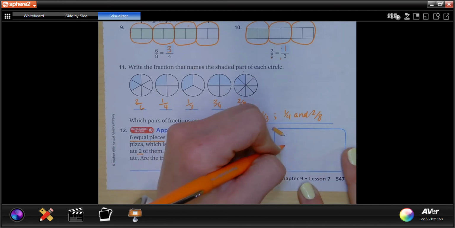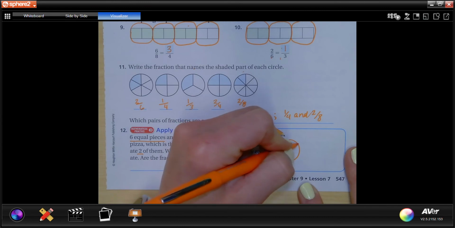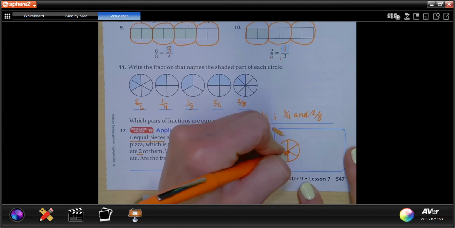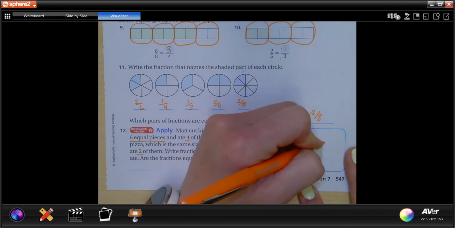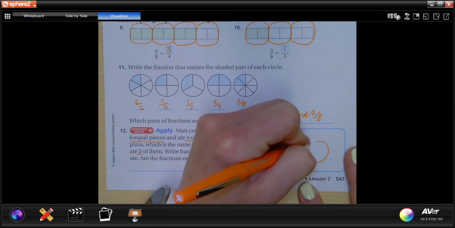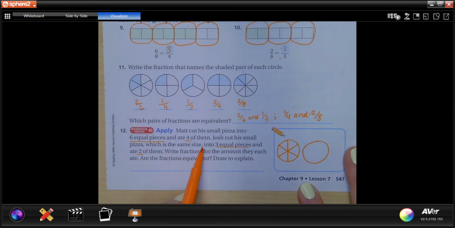So Matt's is cut into 6 equal pieces, and Josh cut his pizza that's the same size into 3 equal pieces.